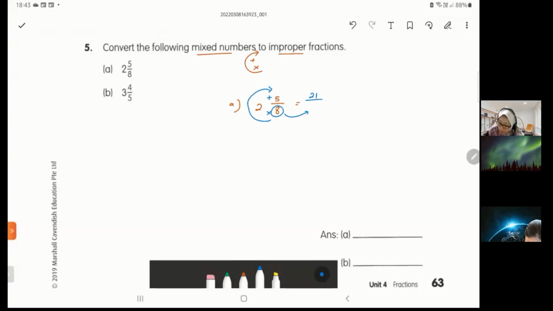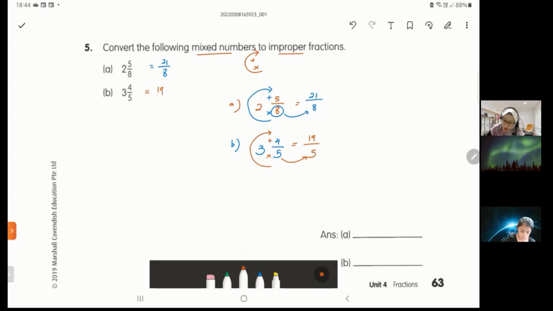Denominator remains the same. Answer is 21 over 8. B, 3 and 4 over 5. Okay, do the C going upwards. 5 times 3 is 15. 15 plus 4 is 19 over, this one remains the same, 19 over 5. Answer.